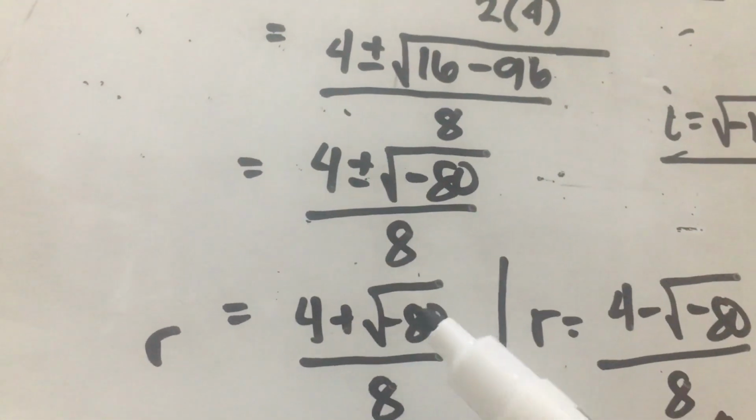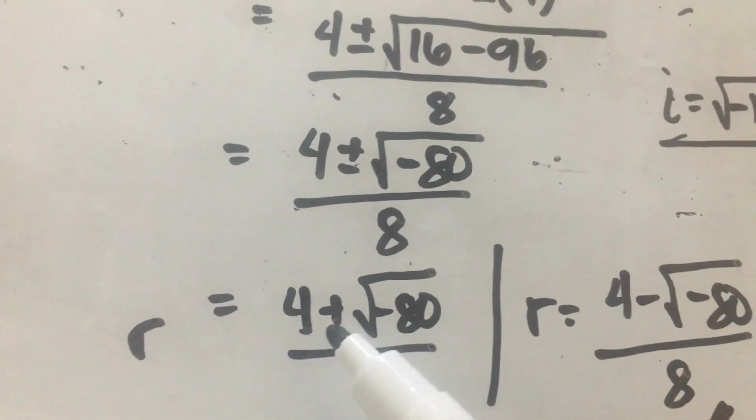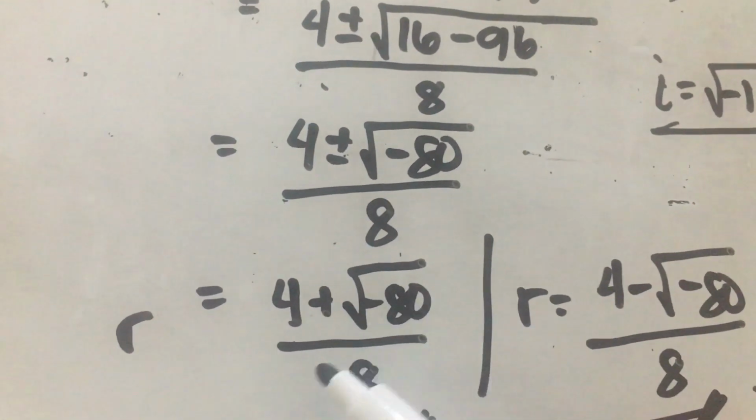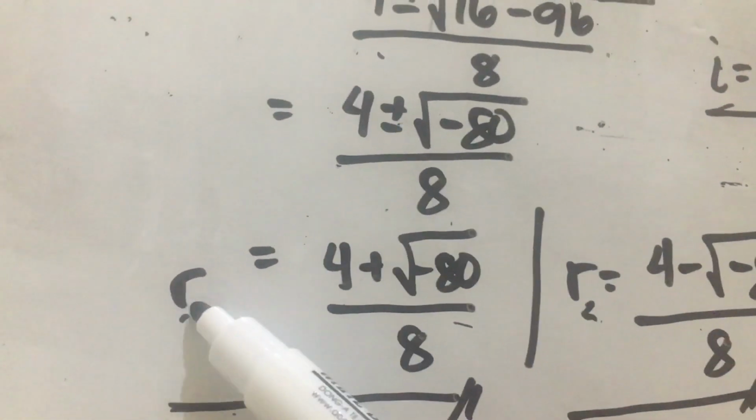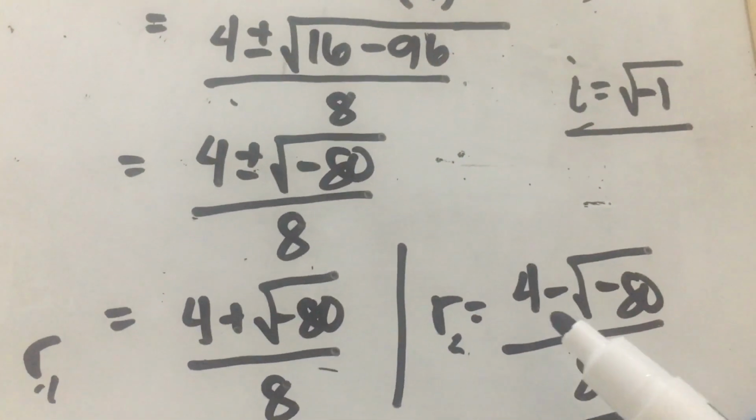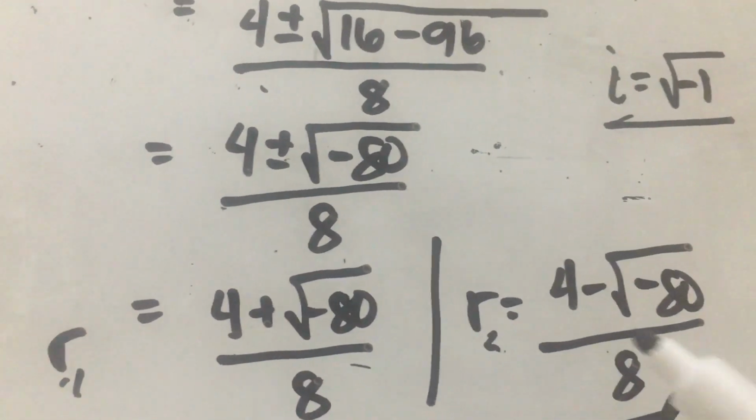So again, our final answers are 4 plus the square root of negative 80 over 8, and the other root is 4 minus the square root of negative 80 over 8.